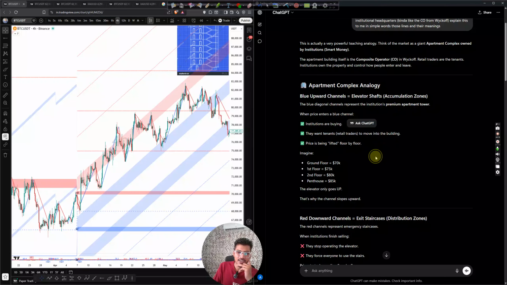Price is being lifted floor by floor. Imagine ground floor 70K, first floor 75, second, up to the penthouse 85. The elevator only goes up. That's why the channel slopes upward.